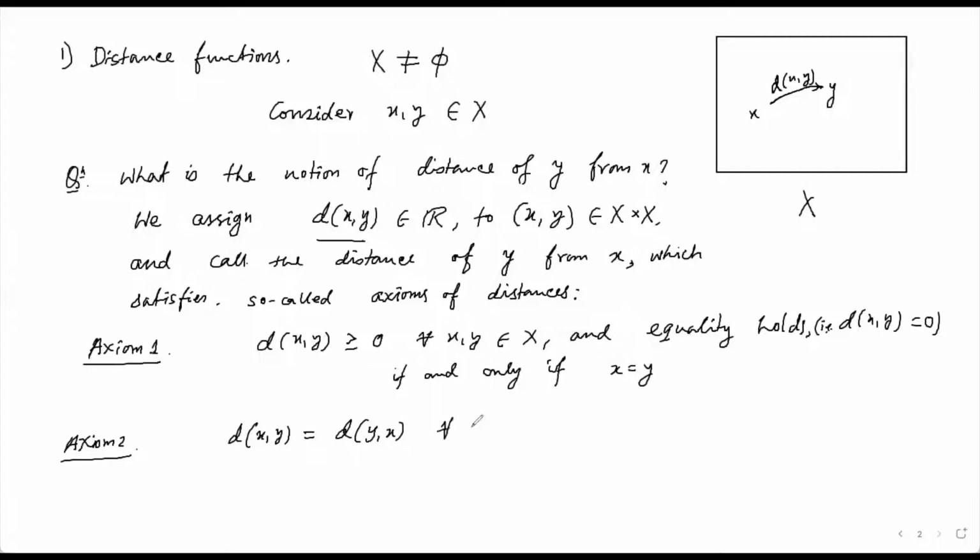This is true for all x, y belongs to X. So if d(x, y) is the distance of y from x, and d(y, x) is the distance of x from y, then they are equal.